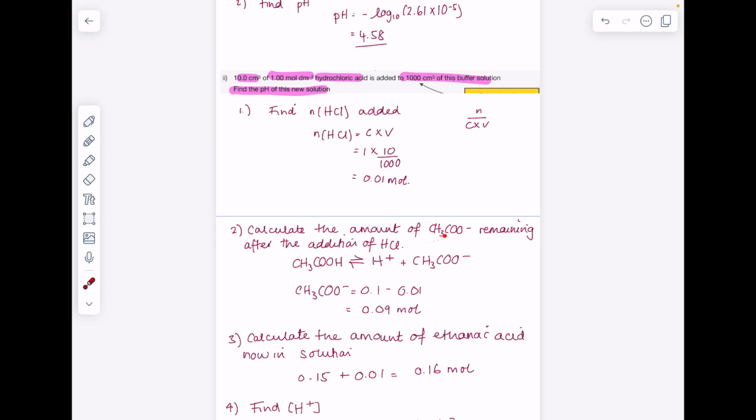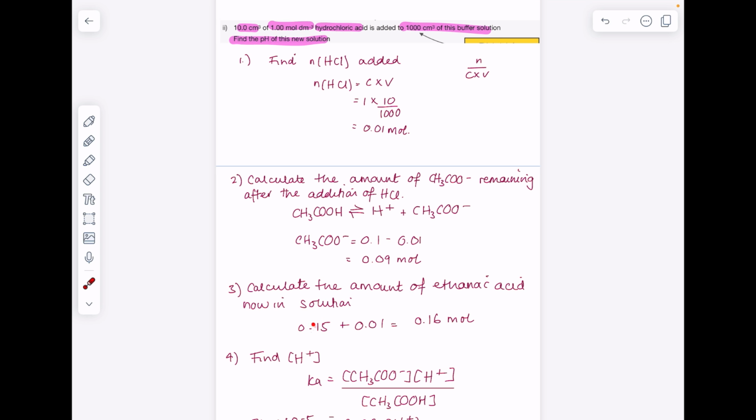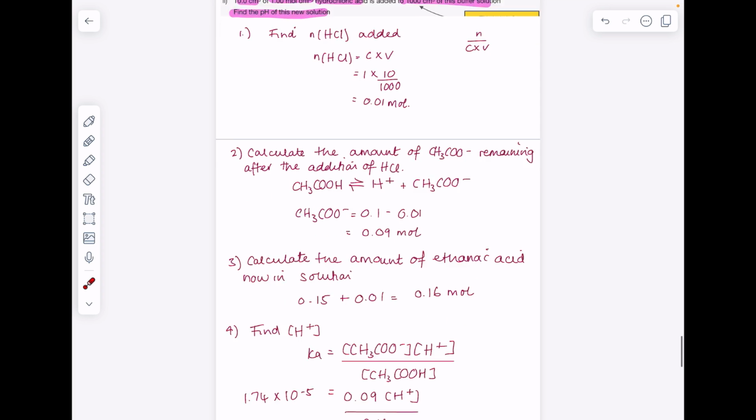So when we calculated the amount of ethanoate remaining, we took the original amount and minus the amount of HCl present in our reaction mixture to find 0.09 moles. We then wanted to find the amount of ethanoic acid, which we knew would be an increase. After all, more ethanoic acid was produced for the reasons I just specified. So we took the original amount of ethanoic acid in the question and we added this value here to get a final total of 0.16.